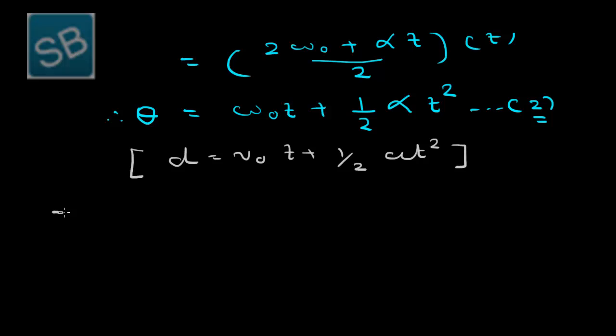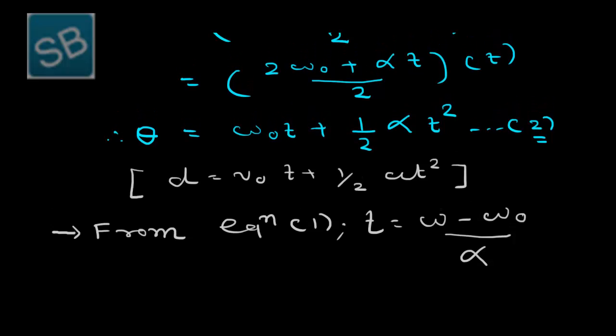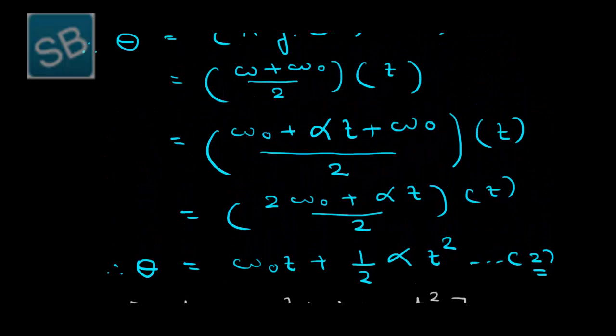If you rearrange equation 1, the value of t comes out to be omega minus omega 0 divided by alpha, and you substitute that value of t in this equation. I am calling this equation a.